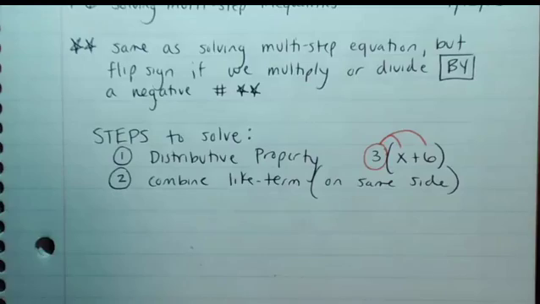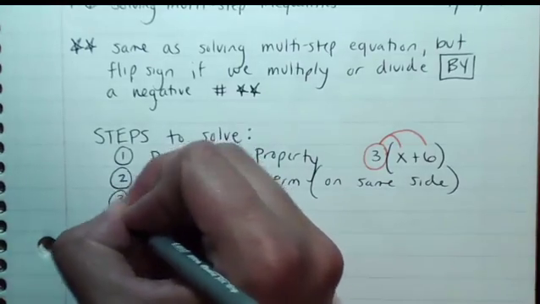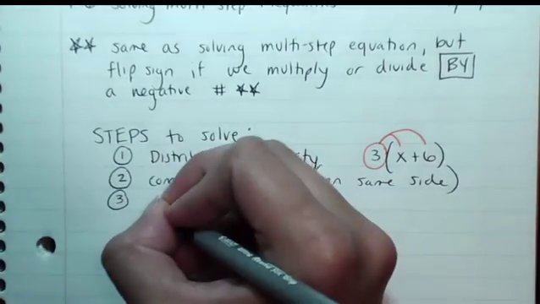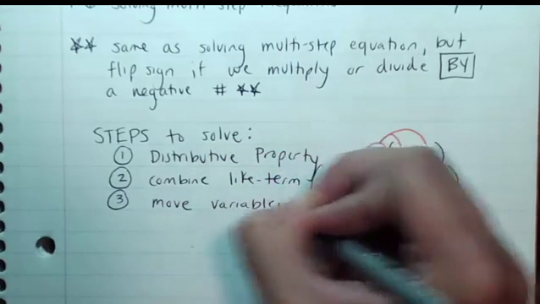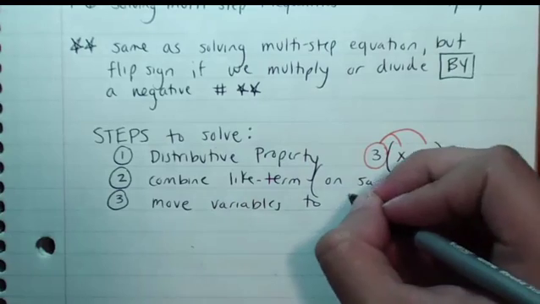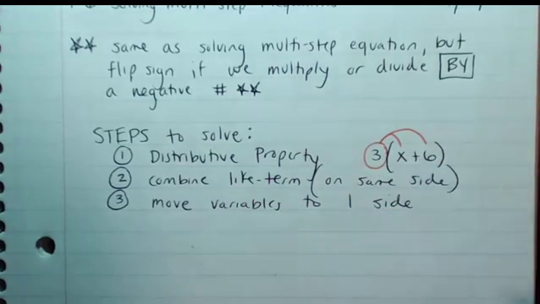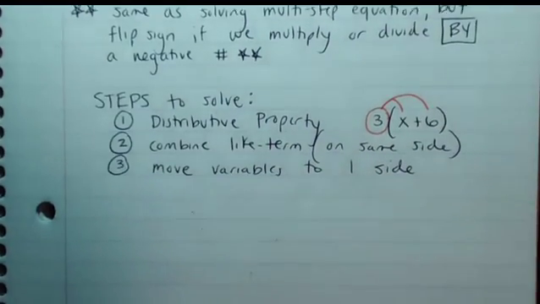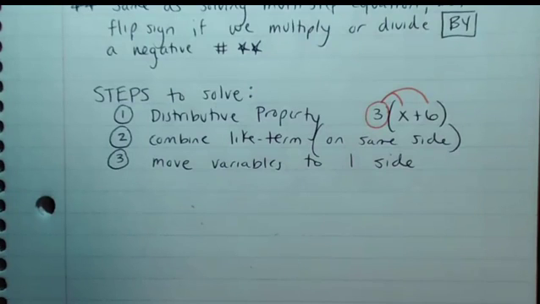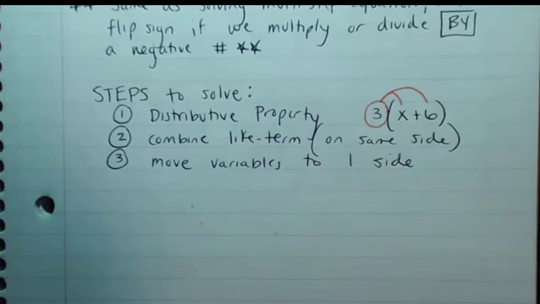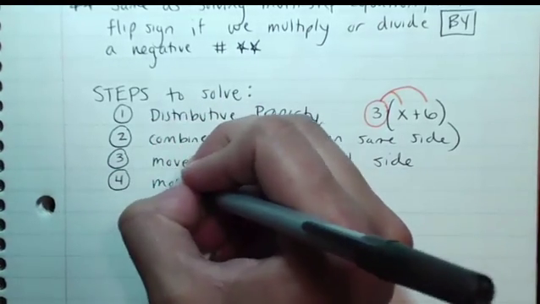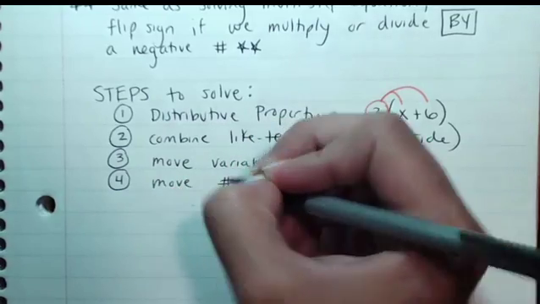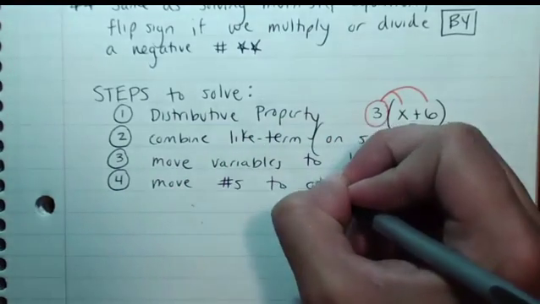Once I'm done with that, I have to look for moving the variables to one side. Doesn't matter which ones I move, doesn't matter which side I move them to. I just have to get all my variables to one side. After I'm done with that, then I'm going to move my numbers, or my constants, to the other side.